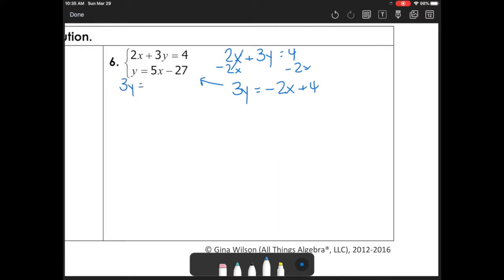Okay, now I can decide if I want to do substitution or elimination. I'm going to do substitution again because I have right here y with a coefficient of 1 is equal to this. So I'm going to take this 5x minus 27 and substitute it right here. Wait a minute, that's wrong.